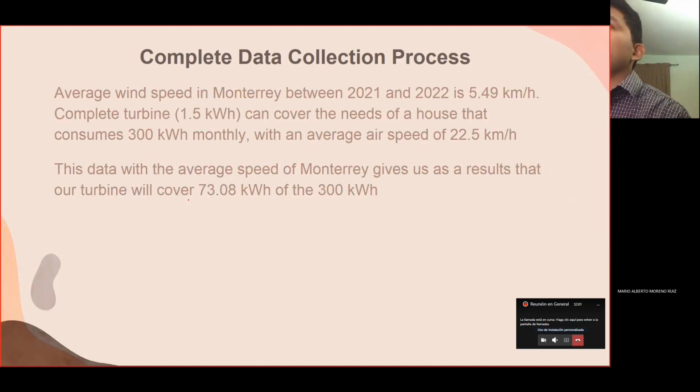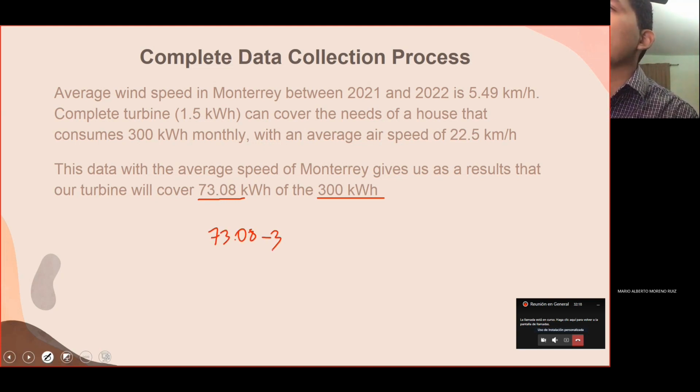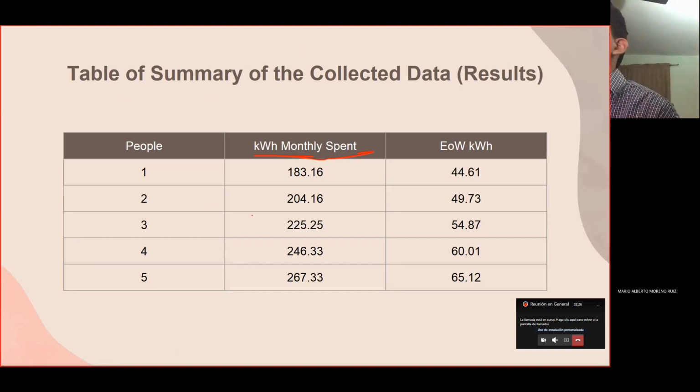Then we are going to use also these values right here, the 73 and the 300, to make a simple rule of three that is going to be this. That the 183 is the one that is here.